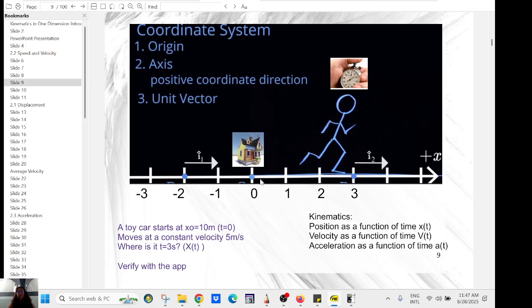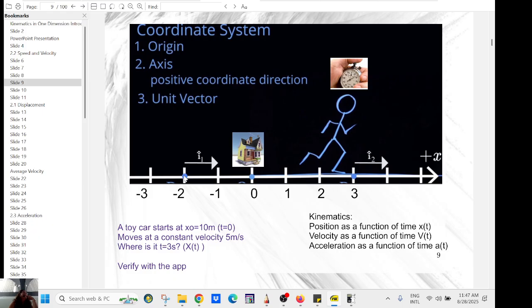For example, if someone is moving on the number line, let me ask you something. You start your stopwatch at 3. That will be your initial position. Your final position is at -2. What's going to be your displacement? -5, very good.